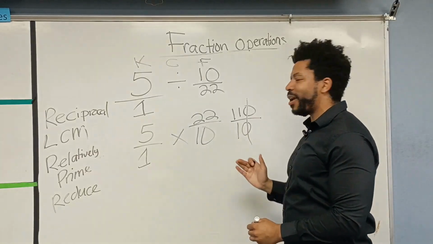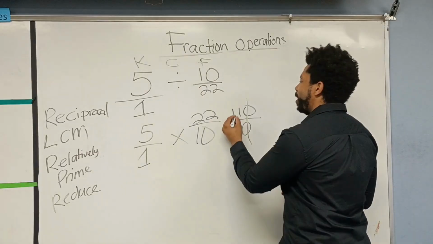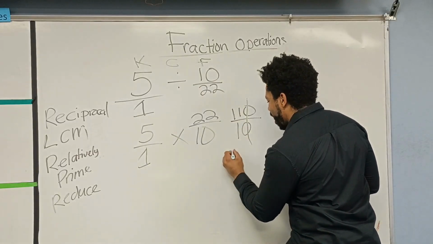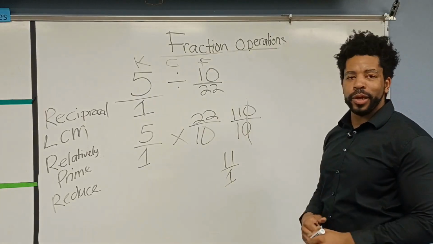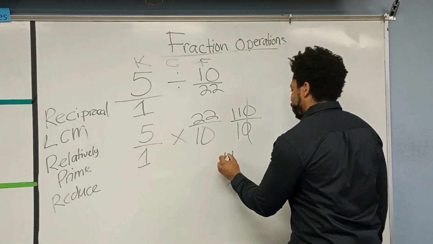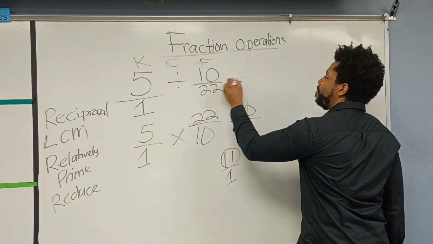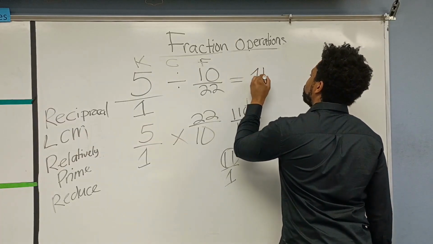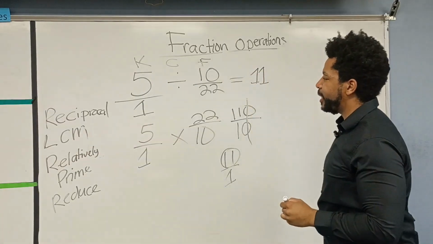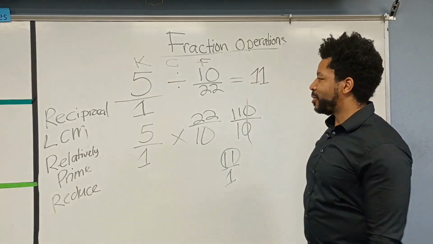As long as they're on the far right of the number, you can divide them out and get rid of them. What does that leave you with? That leaves you with 11 over 1, which is just equal to 11. So the answer in this case would be equal to 11. Okay, and that is how you divide fractions.